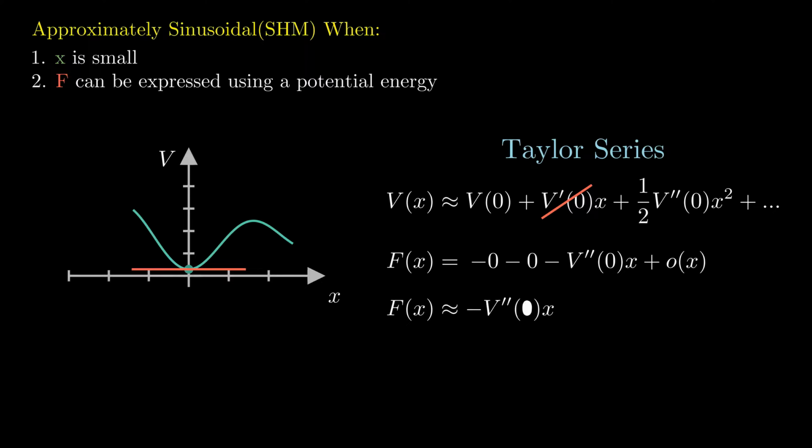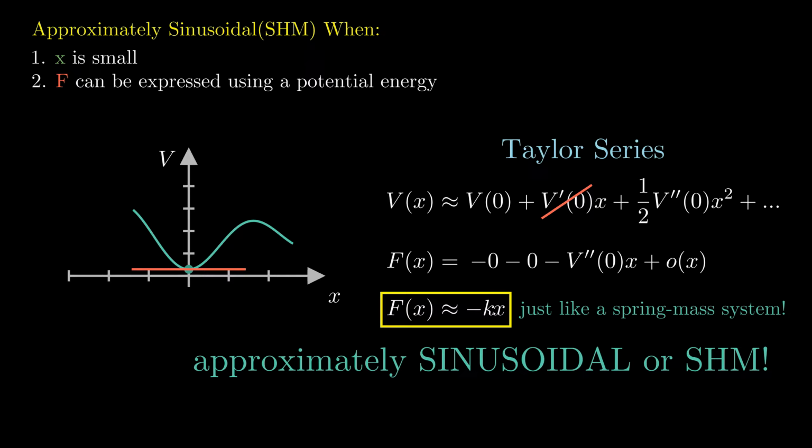So we can say it's k. And this should really remind you of something. Doesn't it look like Hooke's law? So, it's almost just like a spring mass system. That means the oscillation around the minimum point is going to be approximately sinusoidal, or simple harmonic motion.